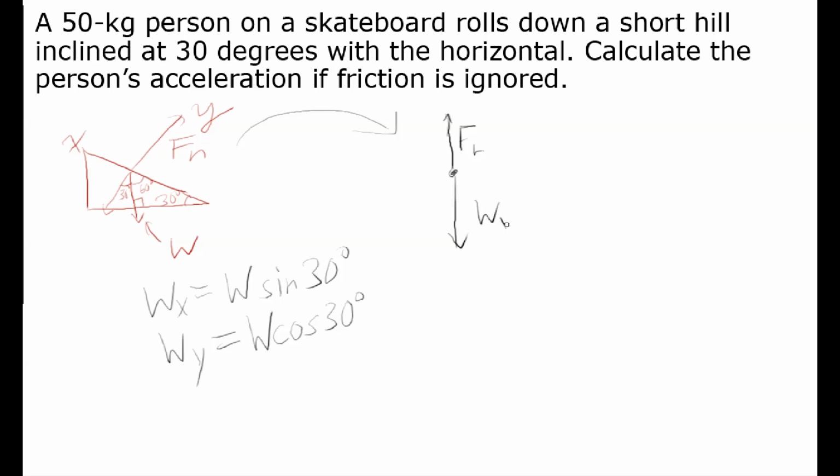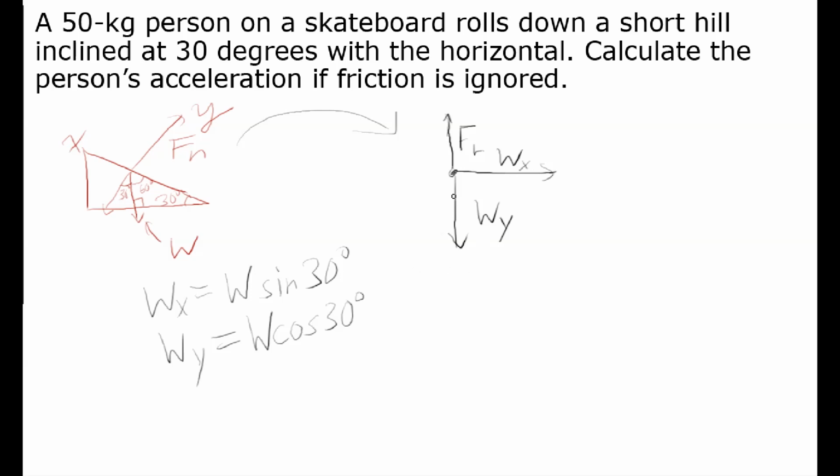So this is Wy. This is frictionless, so we don't need to concern ourselves with the friction. And since it's moving downward, the direction of your x component will be this way. So we're going to write it like this.